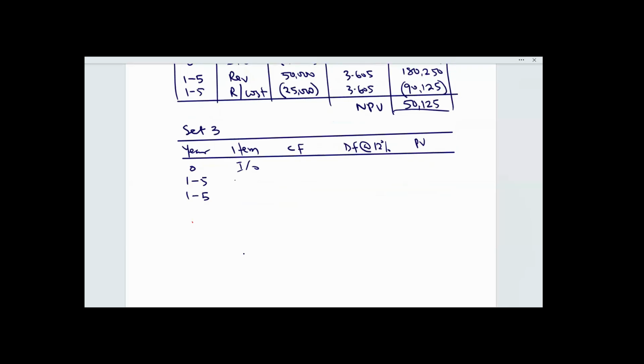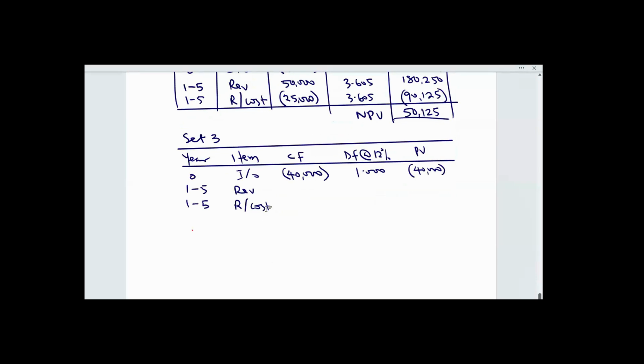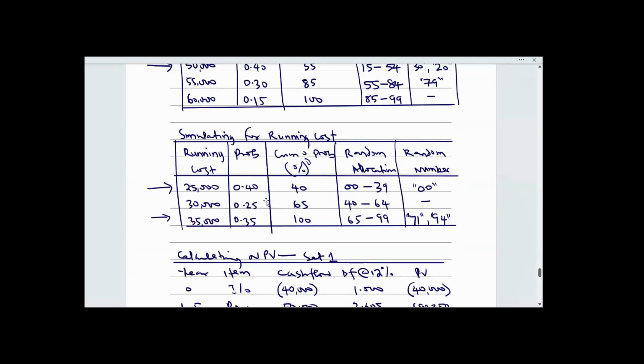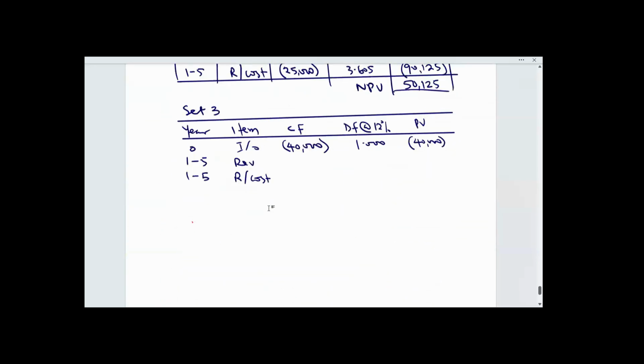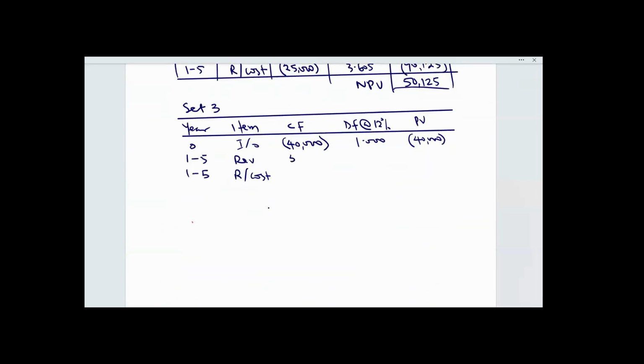Initial outlay, revenue, then running cost. For set 3, the tag number for revenue is 79. So 79 is in the third row of your revenue, which is 55,000 naira.